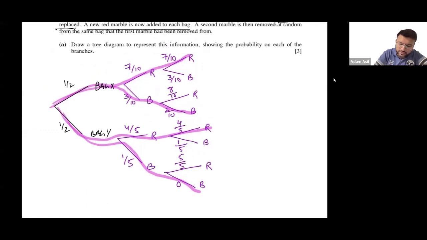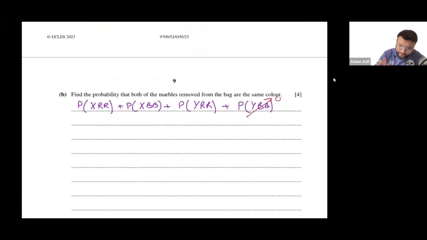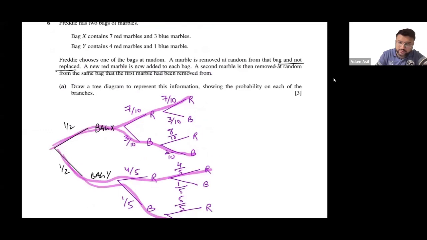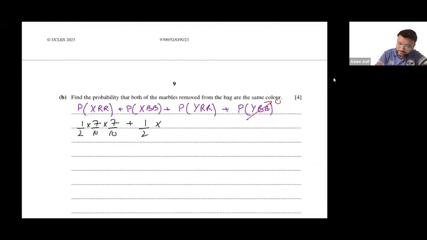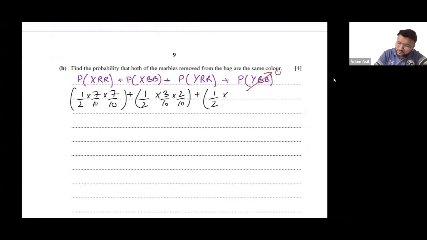Now, the first answer would be half times 7 upon 10 times 7 upon 10, plus half times 3 upon 10 times 2 upon 10, plus half times the probability of red, which is 4 upon 5 into 4 upon 5.